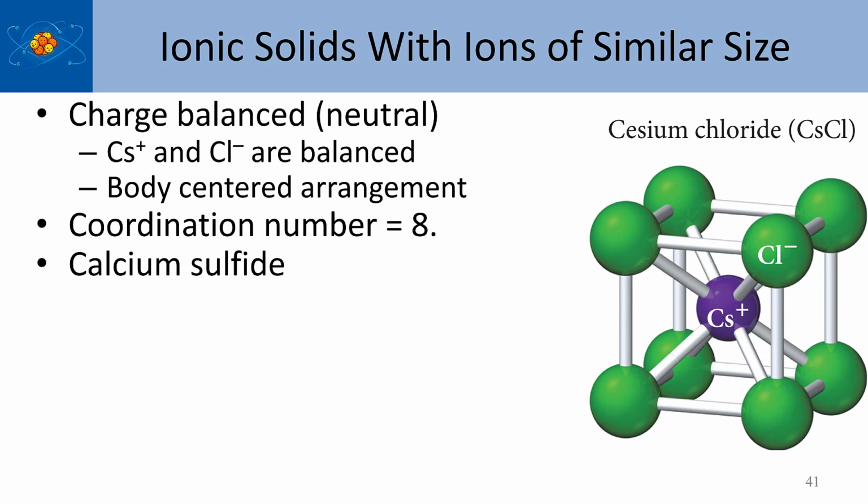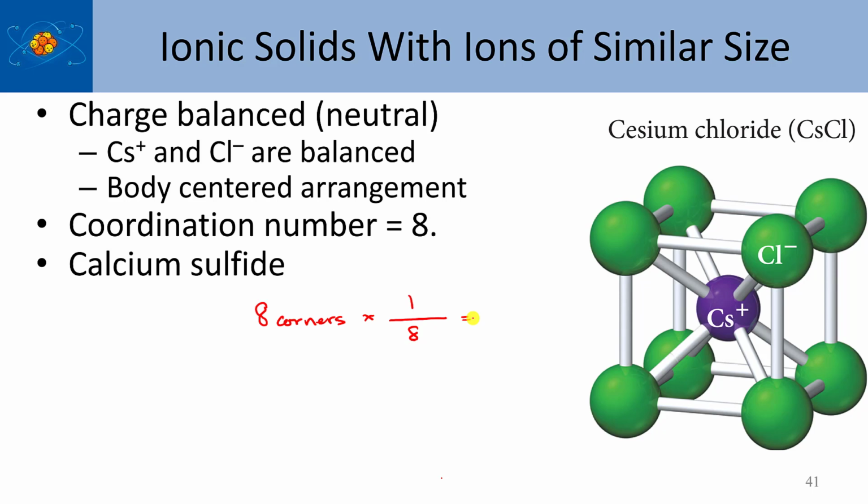Now, I just wanted to show you this really quickly to show you how charge balances. You'll notice that there are chloride ions at each corner of the unit cell, and there's 8 of them, right? So I have 8 negative charges, but how many chloride ions are actually in the unit cell? Well, there are 8 corners, but only 1/8 of an atom is in each corner, right?